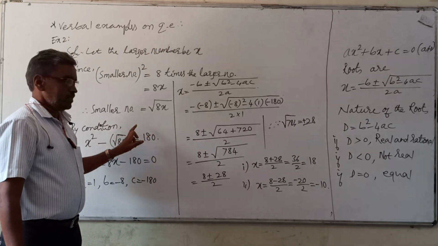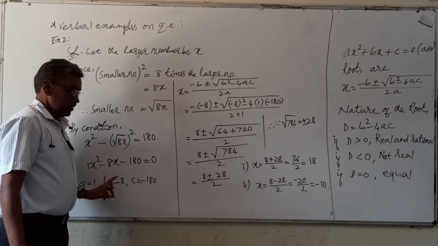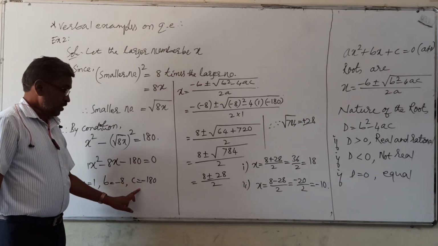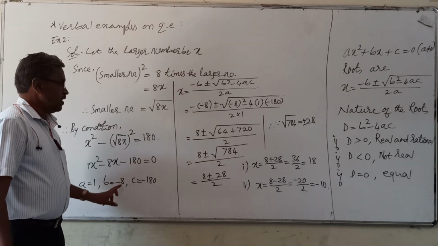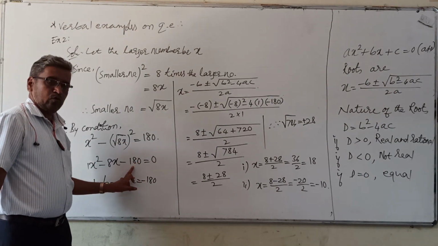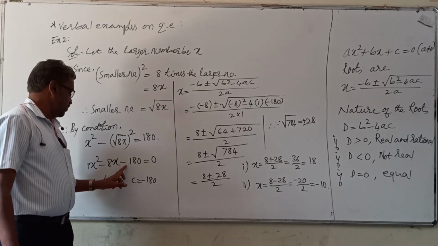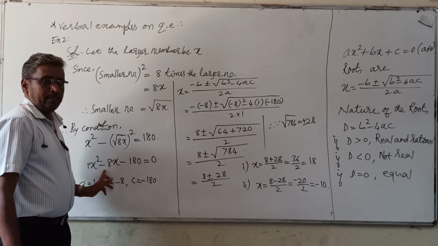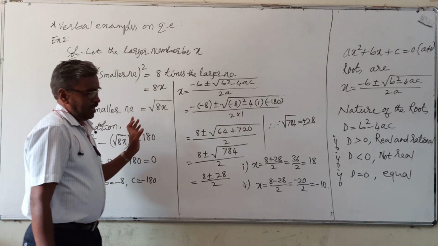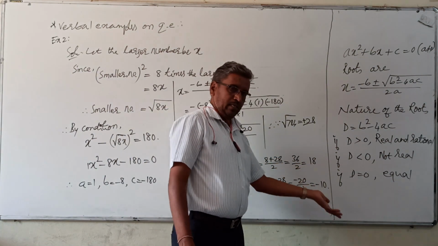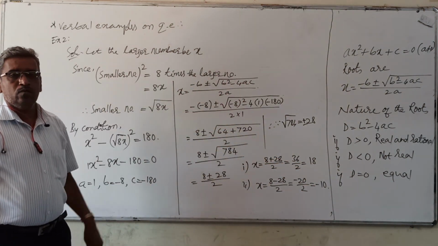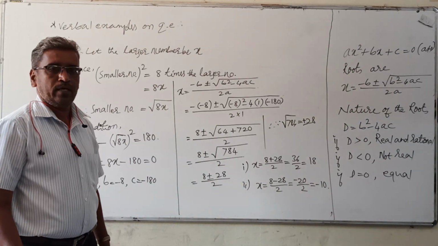Then the relation gives the equation in standard form. At that time, here also by the formula method or the factorization method: the product is 180, the difference is minus 8. So 18 tens are 180, minus 18 plus 10, lastly you are getting plus 18 minus 10. So these are the steps involved in verbal examples.